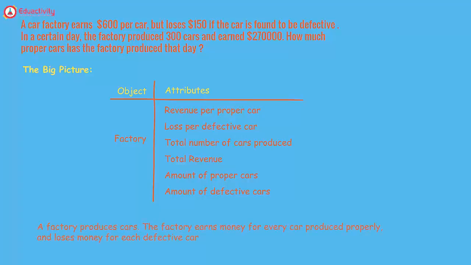The factory earns money for every car produced properly and loses money for each defective car. The definition should be simple and to the point. Think of it as trying to rewrite the problem without the numbers.